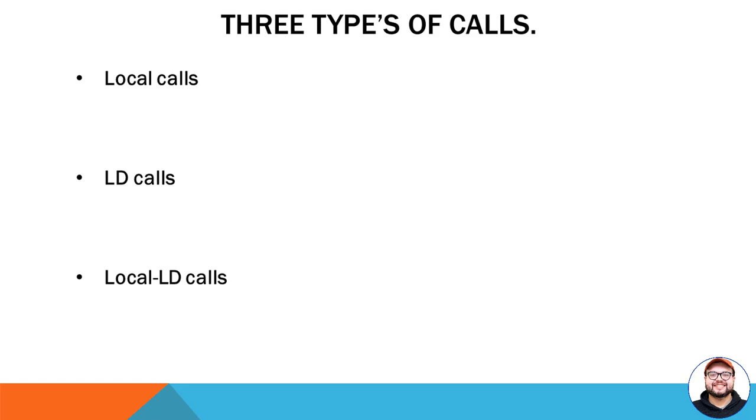A long distance call is a call that is made past the LATA lines or state lines, and it's routed on the PIC network. The last one, local long distance, is also a long distance call. It is a call that is routed within the same LATA, but it is going to be past the local calling radius, and it's going to be routing on the LPIC network.